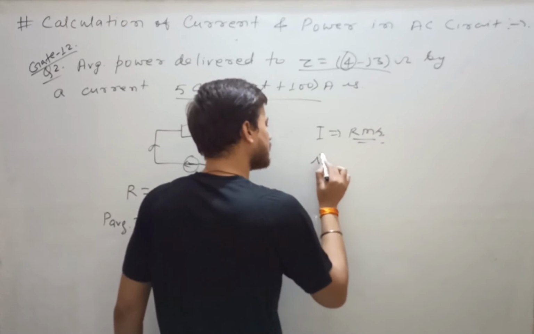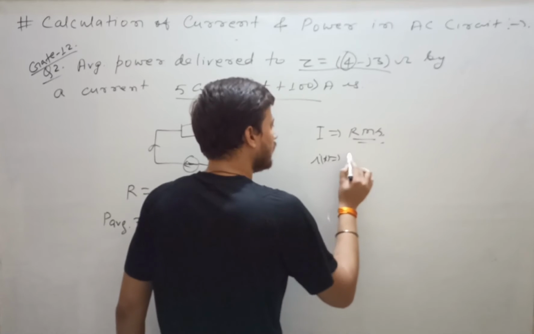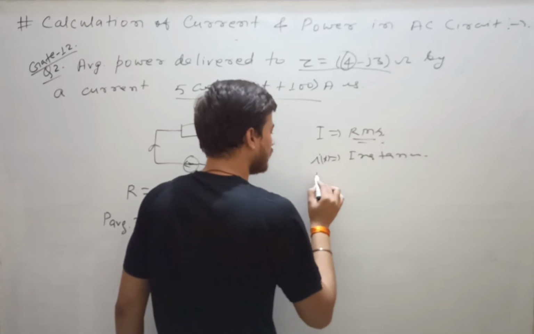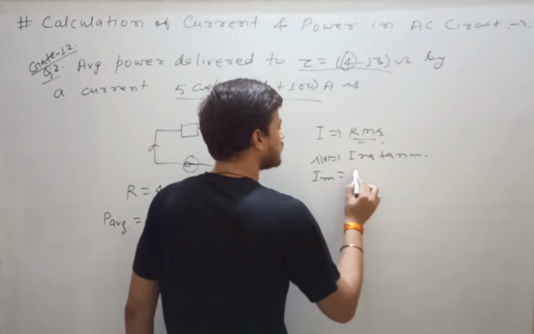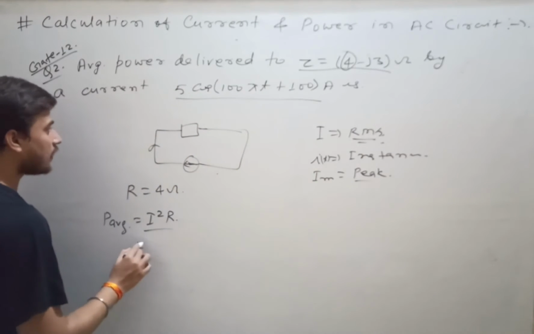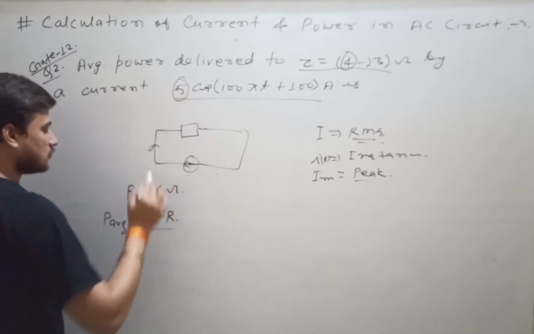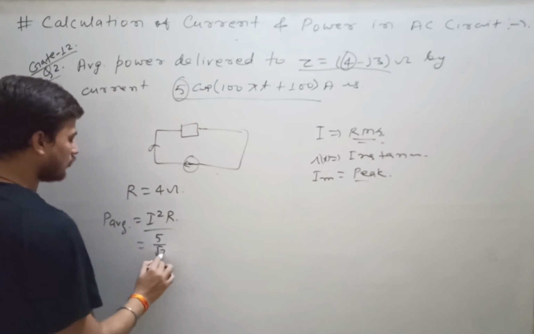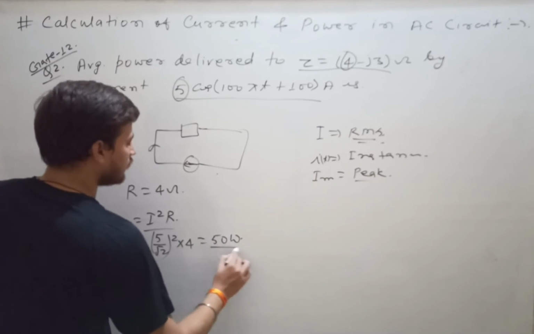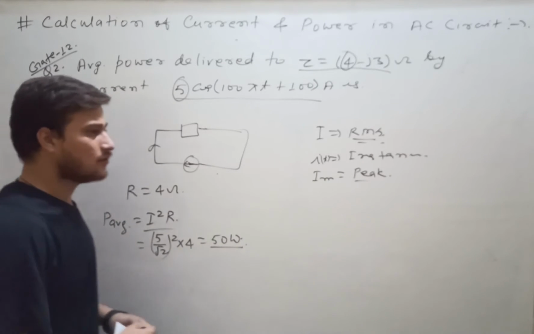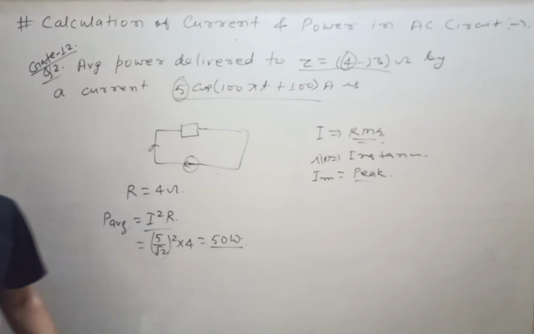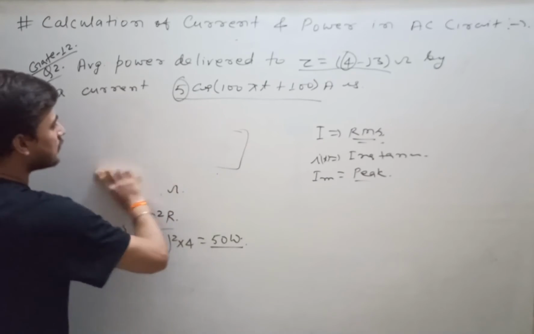If small i is written, it is instantaneous value. And if Im is written, then it is peak value. Here 5 is the peak value, so RMS will be 5 by root 2, whole square into 4. So from here the answer will be 50 watt. So 50 watt will be the answer of this question. Clear? You can see how simple this question was.